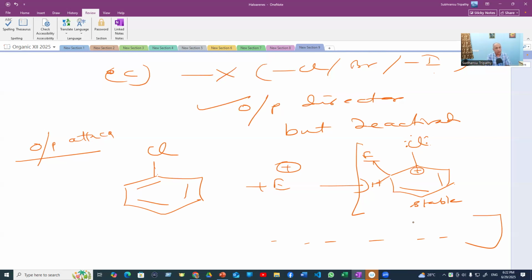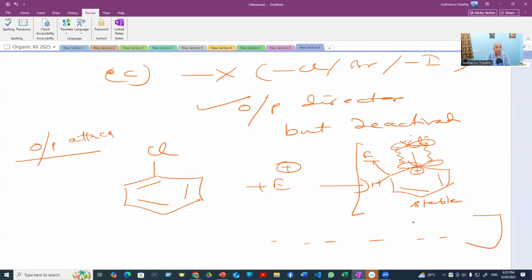So here you explain in a different way. You explain through the attack mechanism. In the first step, when the arenium ion is formed, ortho and para you will find the same. Out of the three resonance structures, you will find one which is very stable because the plus charge comes adjacent to chlorine or bromine, which has a lone pair, and that small amount of p-pi back bonding. This p orbital, which is parallel to this vacant orbital, they go for back bonding to stabilize.